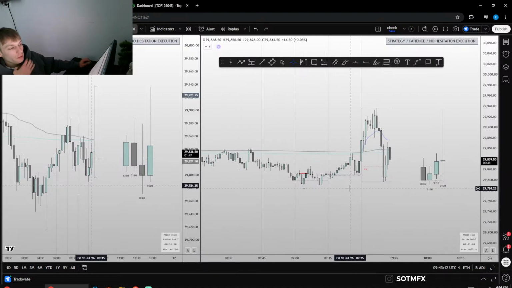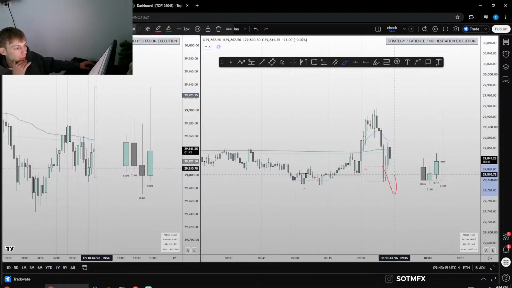Alright, so 2 minutes left until the opening range is set, and then I'm going to wait for price to either double break buys or double break sells.